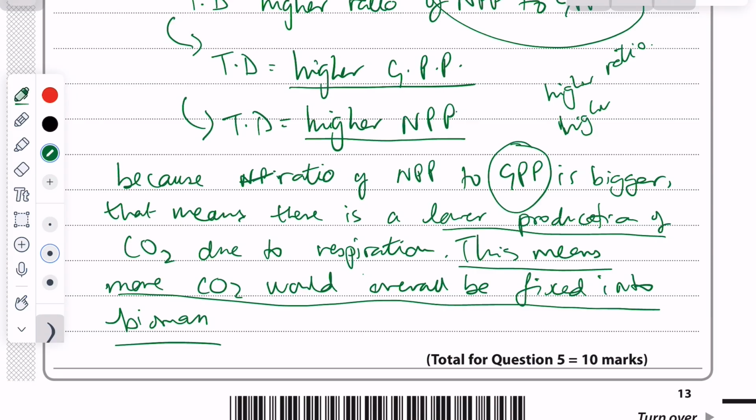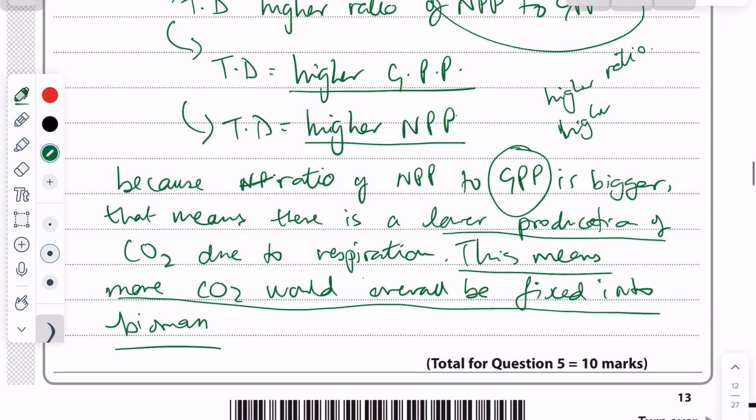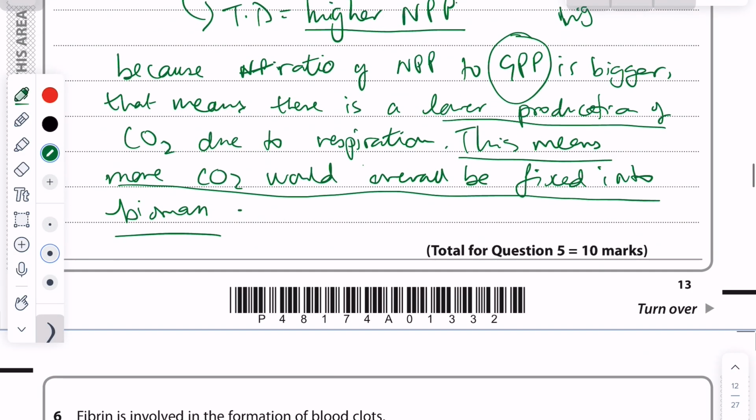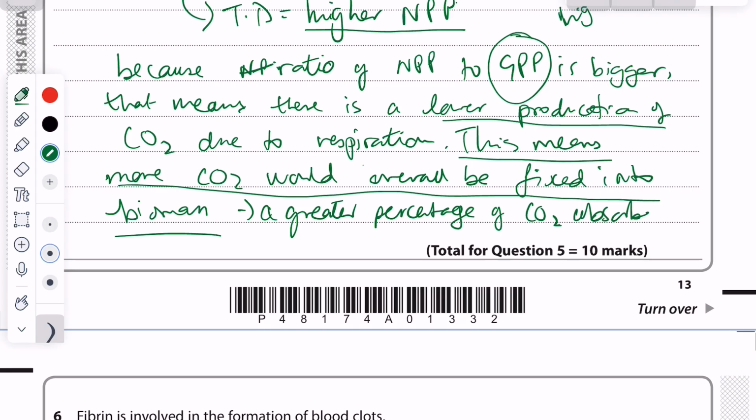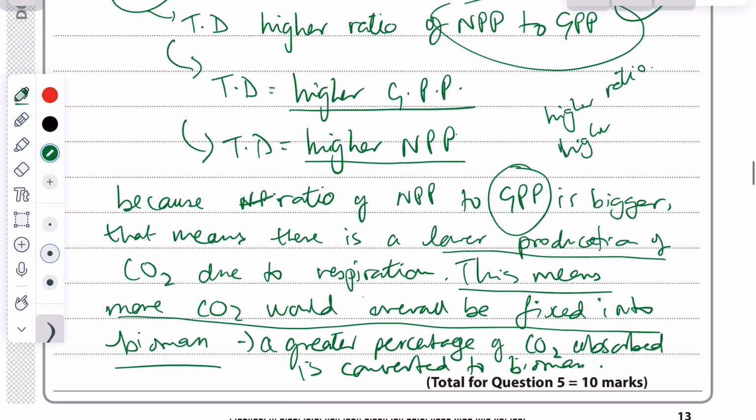This means that a greater percentage of CO2 absorbed is converted to biomass. But it's more about the balance, isn't it? It's more about the balance.